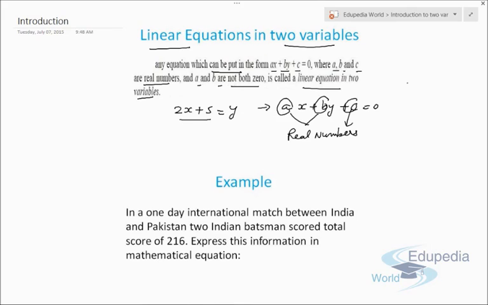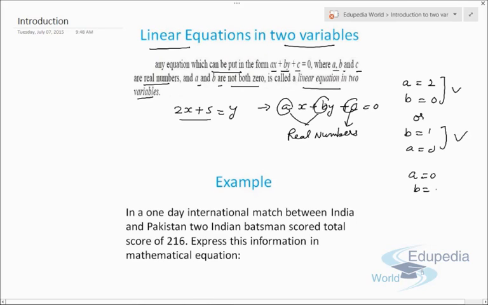Suppose a has value 2 and b has value 0, it is okay. Or if b equals 1 and a equals 0, it can form a linear equation in two variables. But if a equals 0 and b also equals 0, these coefficients cannot form a linear equation in two variables.